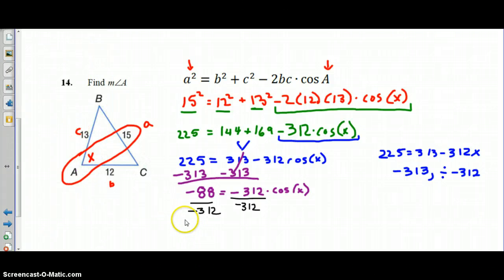So negative 88 divided by negative 312 is 0.2821, and that's equal to the cosine of x.